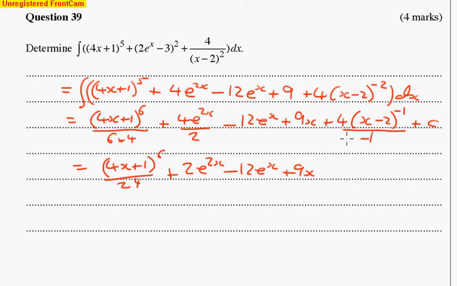Now this minus, I'll put it back in the notation it was given in the first place, so I've got minus 4, that's the minus 1 underneath the 4. (x-2) to the minus 1 just means I'm over x minus 2. And plus the constant. Now there's no common factors to everything. I think I will just leave it like that. Quite a lot going on with that question, of various different types of integration, which you should hopefully be able to do.